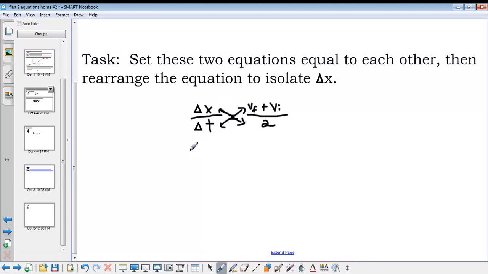So I'll end up with VF in parentheses plus, that's an F, VI times the change in time is going to be equal to 2 times the change in displacement. Last step to isolate displacement is divide everything by 2.